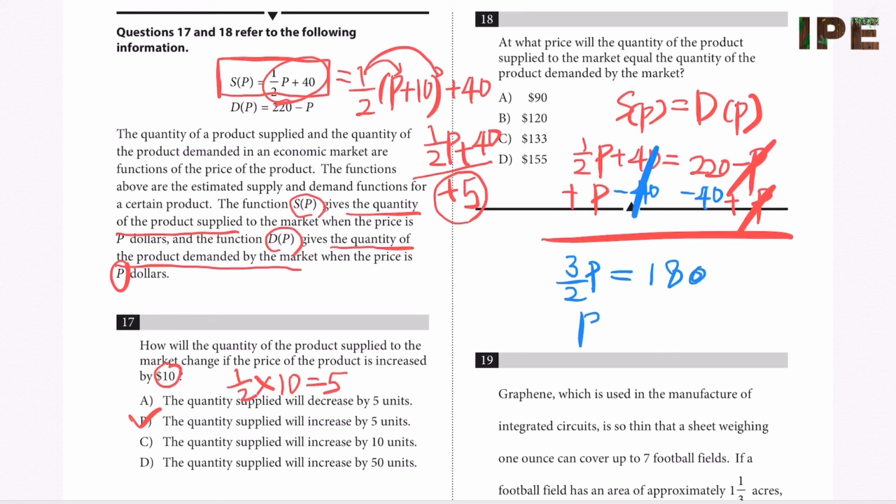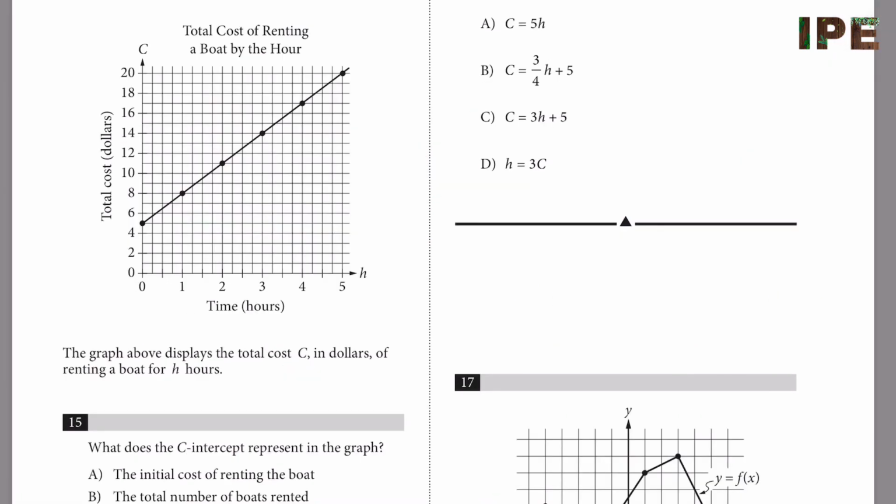So P is equal to what? 180 times the reciprocal of this number, so 2/3. 3 times 60, and 60 times 2 is 120. B is the answer.